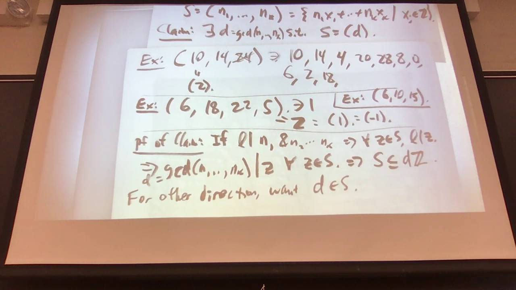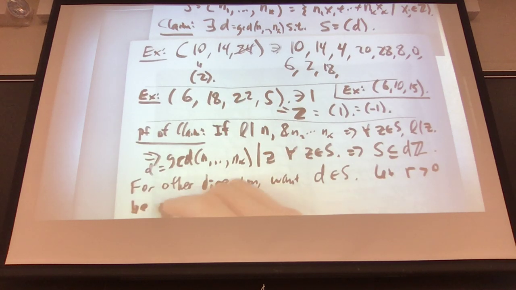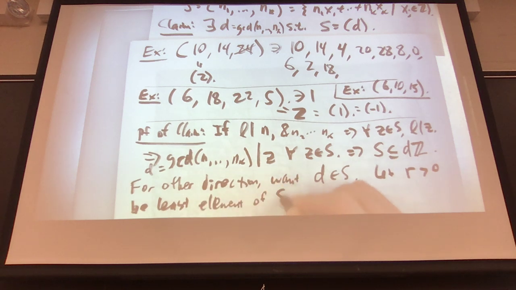So let R, strictly positive, be the least element of S. If you divide an x by R, you'll get a remainder.